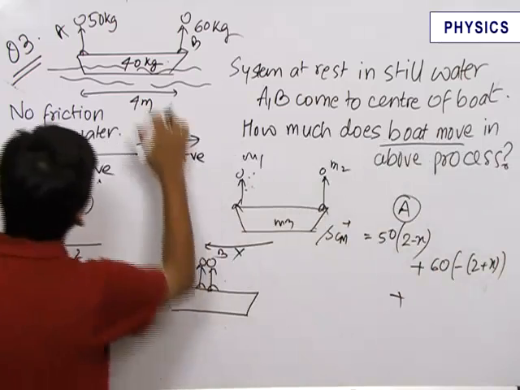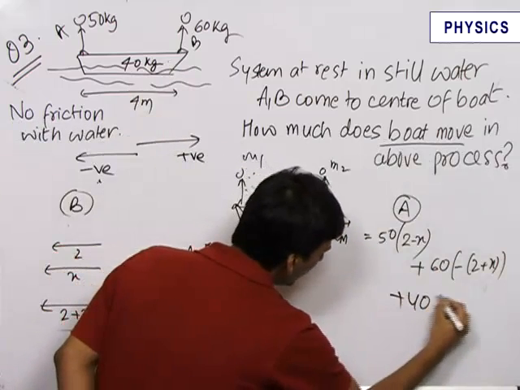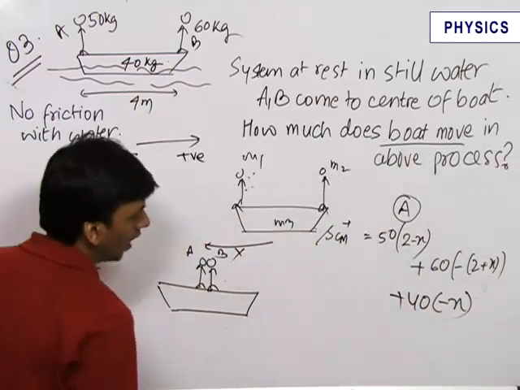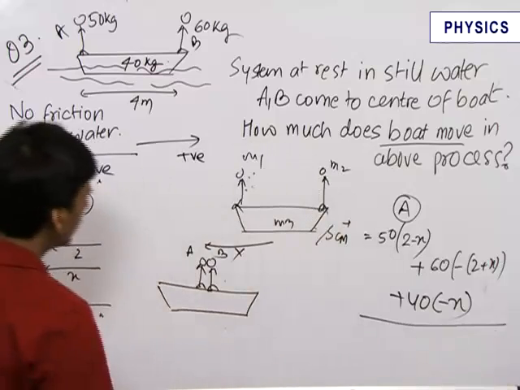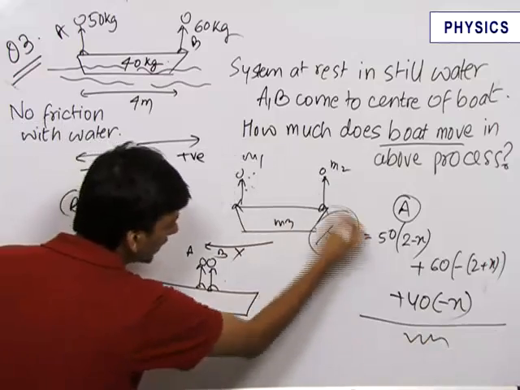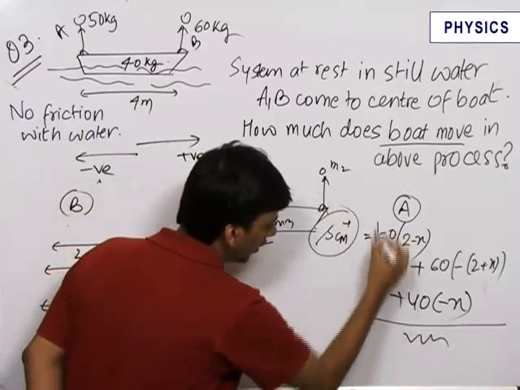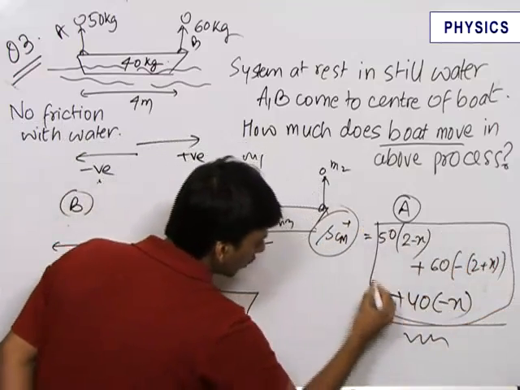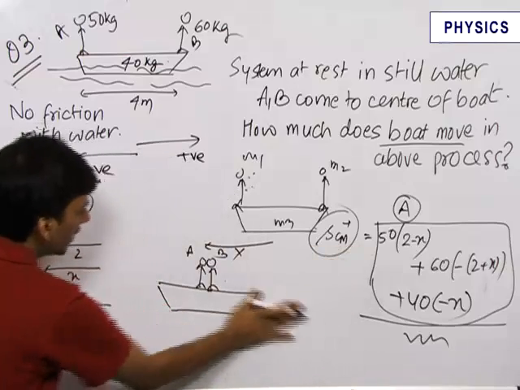Plus the boat, 40 into minus x, upon the total mass, whatever that be, because we need to make this quantity 0. So we just need the numerator and make it equal to 0. We need not find out the denominator.